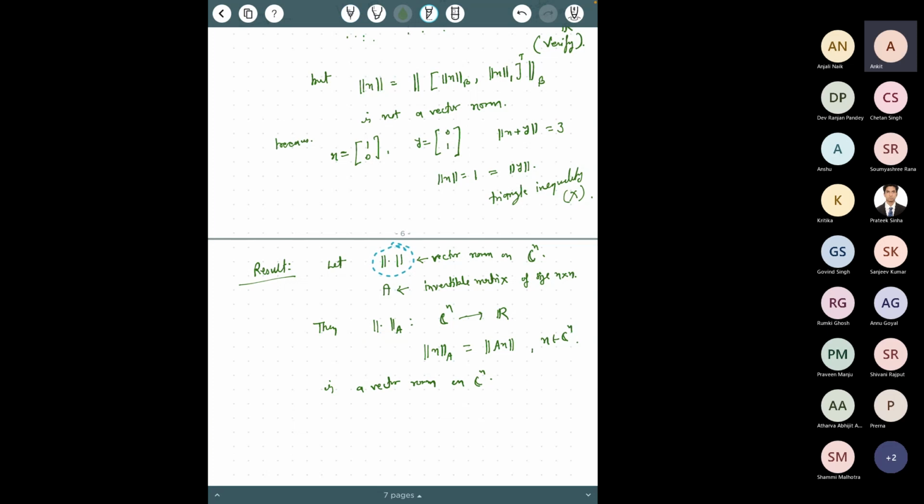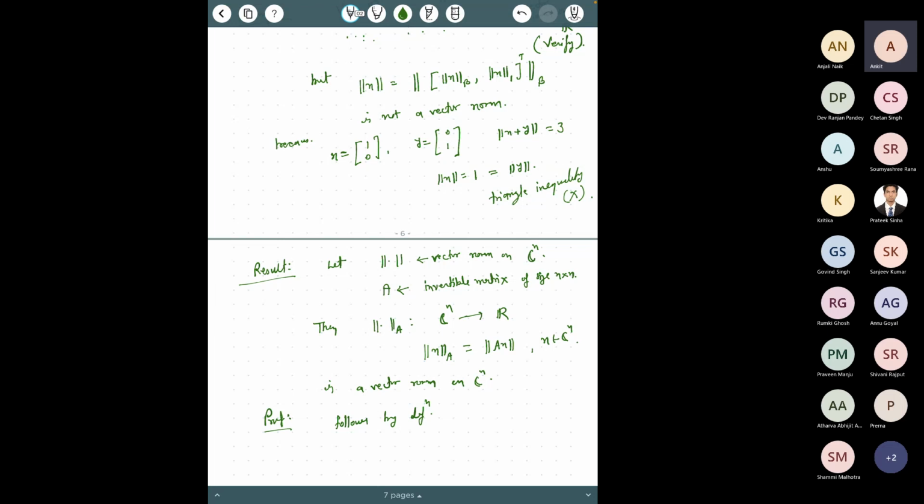The proof follows by definition. If I ask you a question in the exam, you don't have to write that it follows by definition; you will have to give proper justification. So you verify this and give proper arguments to validate it.